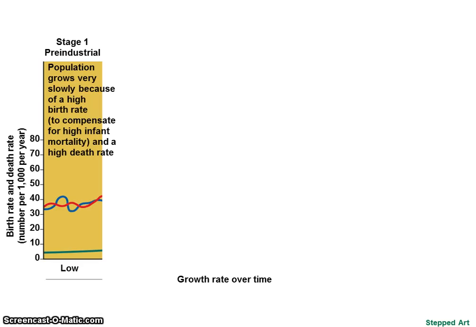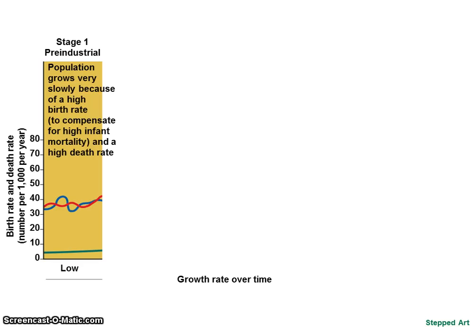What we see in this first stage, the pre-industrial stage, is that the population growth is very low. You've got a high birth rate, but you also have a high death rate. A lot of that is compensation for high infant mortality and the fact that life expectancy is not terribly long. You've got a good chance of dying of some disease, or because of your occupation, though we wouldn't even think of it like that.